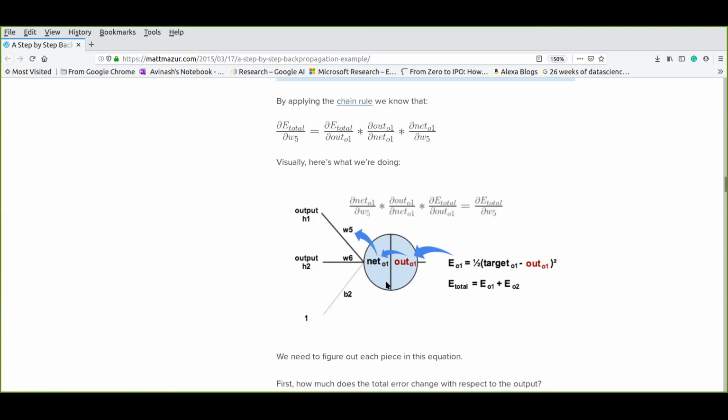The first part of this output neuron is nothing but H1 into W5 plus B2. Similarly, you do it for the other weight as well, H1 into W6 plus B2. So that's how you get net O1, and net O1 is passed through an activation function, and the output of that forms output O1. Now when you want to update W5, you have this equation here, which we discussed in detail.